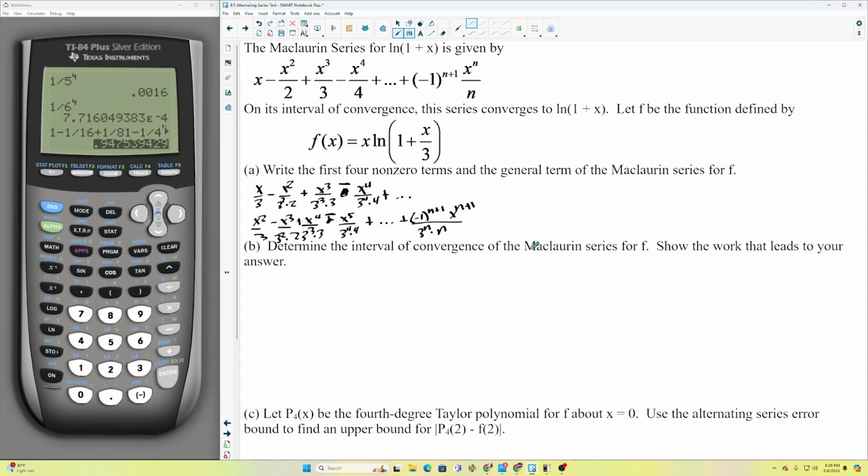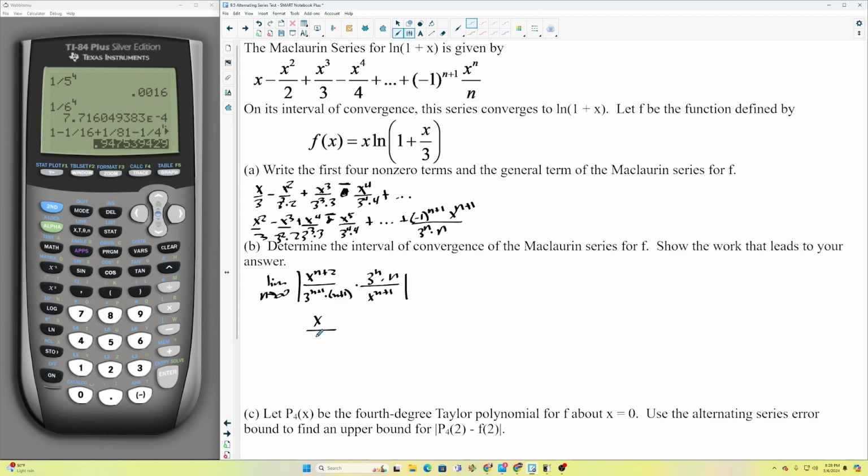Determine the interval of convergence of the Maclaurin series for f. Show the work that leads to your answer. We have to do interval of convergence. Limit as n approaches infinity, absolute value of x to the n plus 2 over 3 to the n plus 1 times n plus 1, and then times 3 to the n times n over x to the n plus 1.